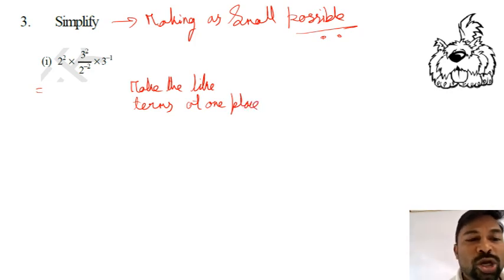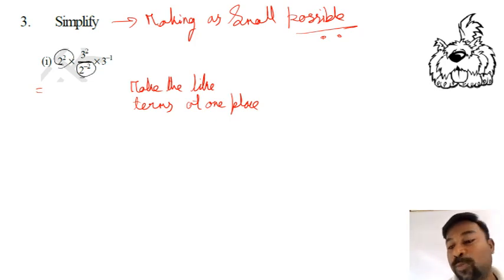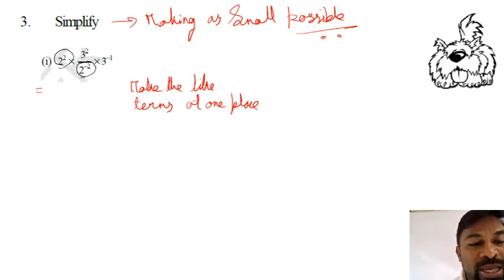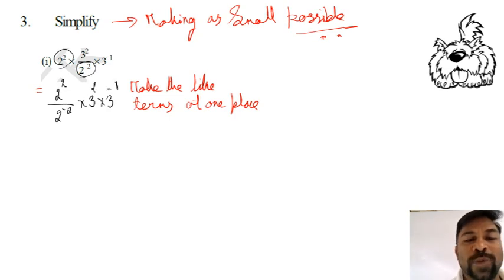If you check, 2 to the power 2 and 2 to the power of minus 2 are both of the same category. They are the like terms. I like to bring them to one place, 2 to the power 2, and pull the 2 to the power of minus 2 underneath, into 3 to the power 2 and 3 to the power of minus 1. I have brought all the like terms to one place.